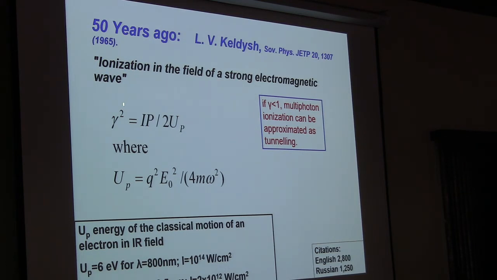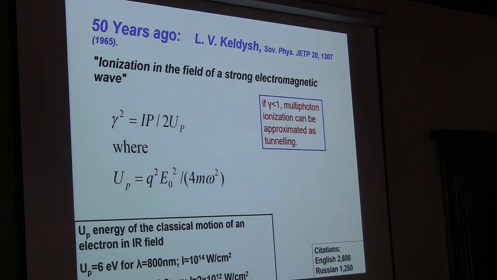So if gamma squared is less than one, then you can think about the removal of the electron from the atom as tunneling. So this is an amazing idea. It's obviously not tunneling, since tunneling is a DC effect. You place an atom in a field, and everybody studied it in the 1930s.